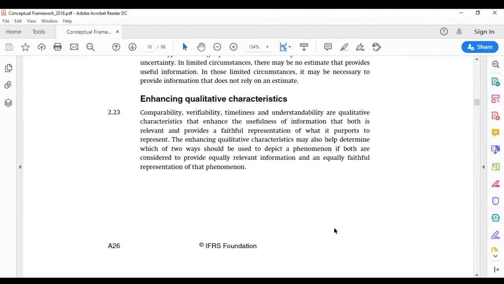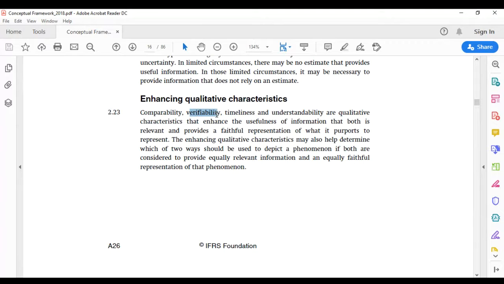So now we're going to look at enhancing qualitative characteristics. In other words, certain qualities that can make the financial information that we are presenting even better. Here they provide us with a number of enhancing qualitative characteristics. First of all, comparability. We're going to discuss that just now.